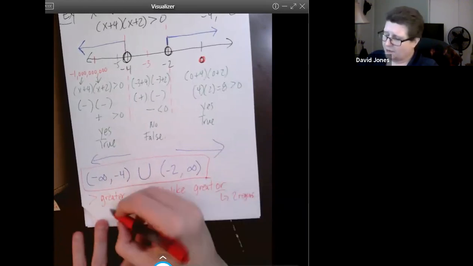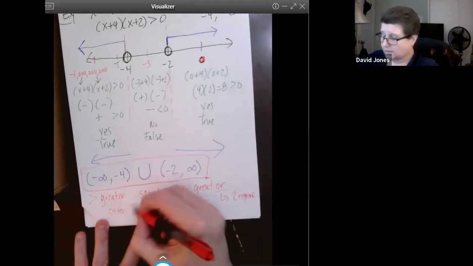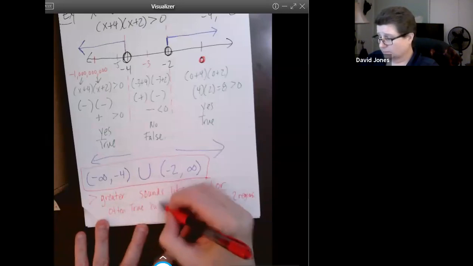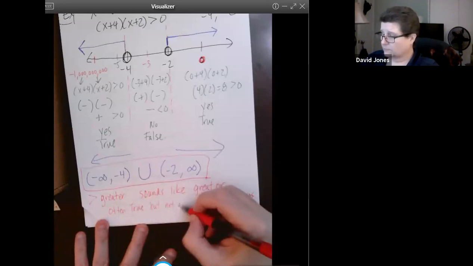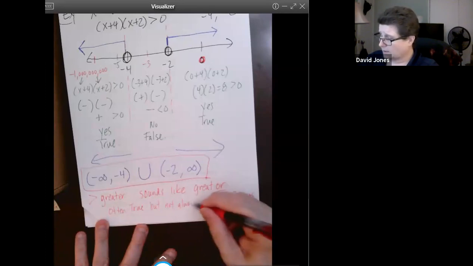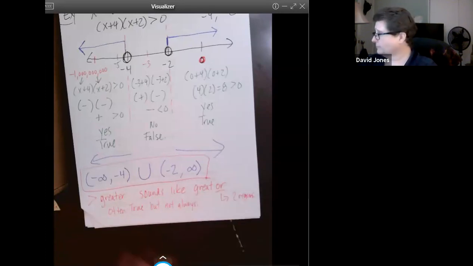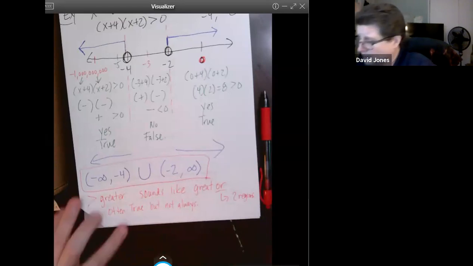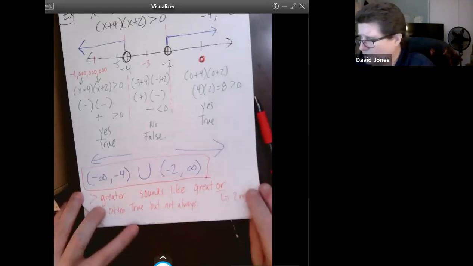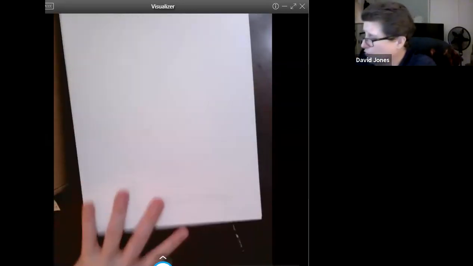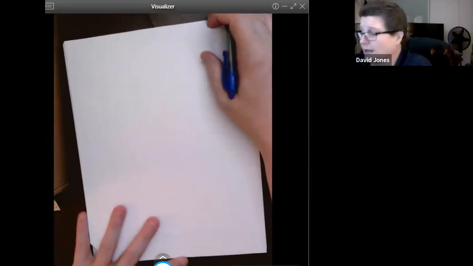Again, this is often true, but not always. So let me give you an example where that doesn't work. Show you a couple things where alternating doesn't work.